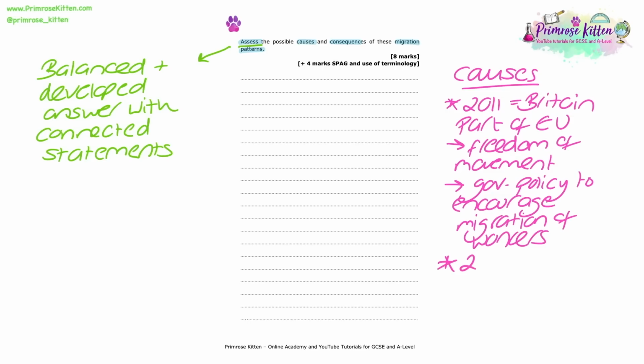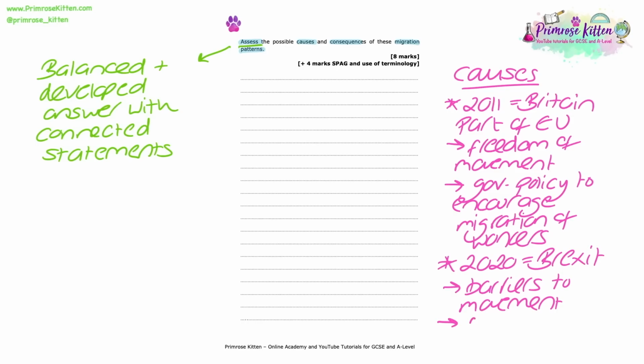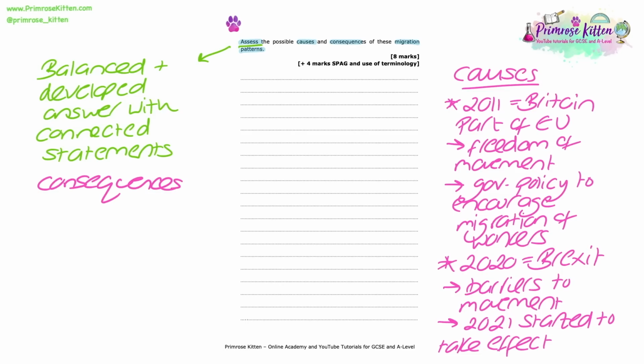By 2021, Britain was no longer part of the European Union, with Brexit having come into effect in 2020. As a result, there were barriers to movement, and so migration from Europe slowed. Figure 11 helps identify some possible consequences of these migration patterns.